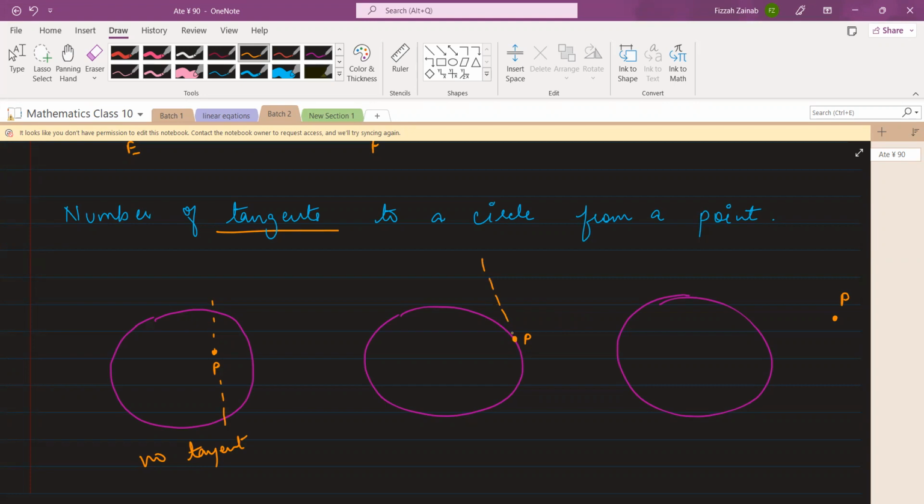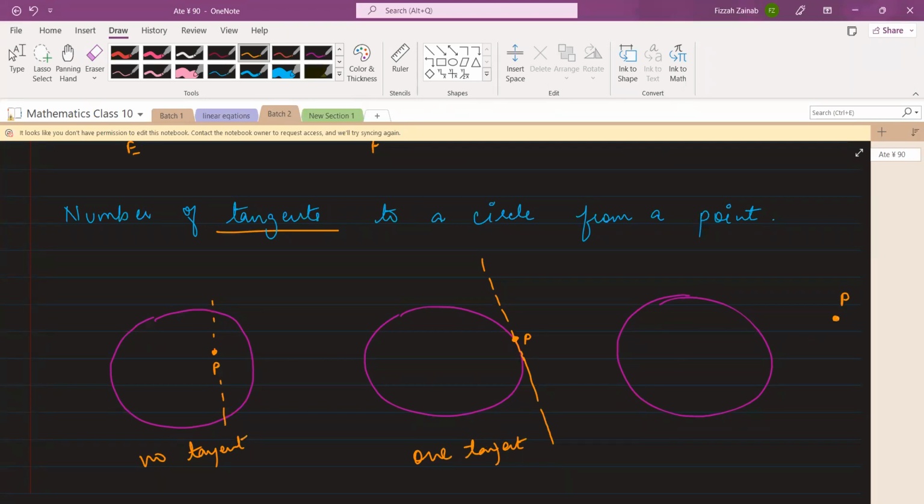Not infinite, only one, isn't it? You have a single point P. This is the definition of the tangent, that it touches the circle only at one point, right?